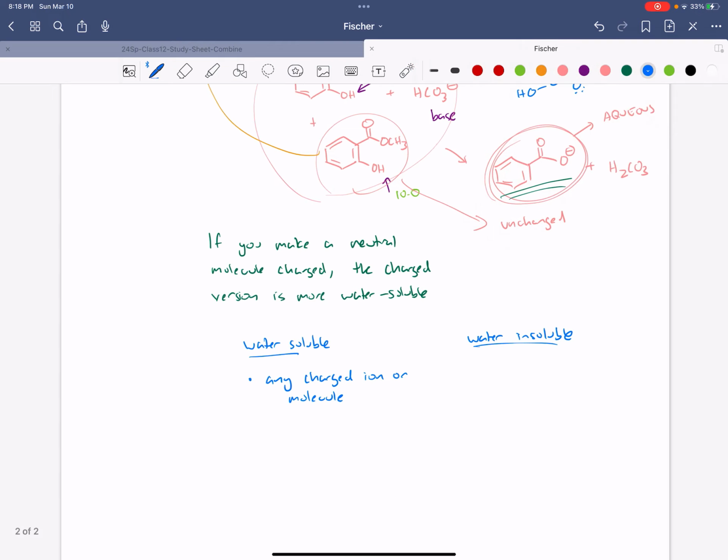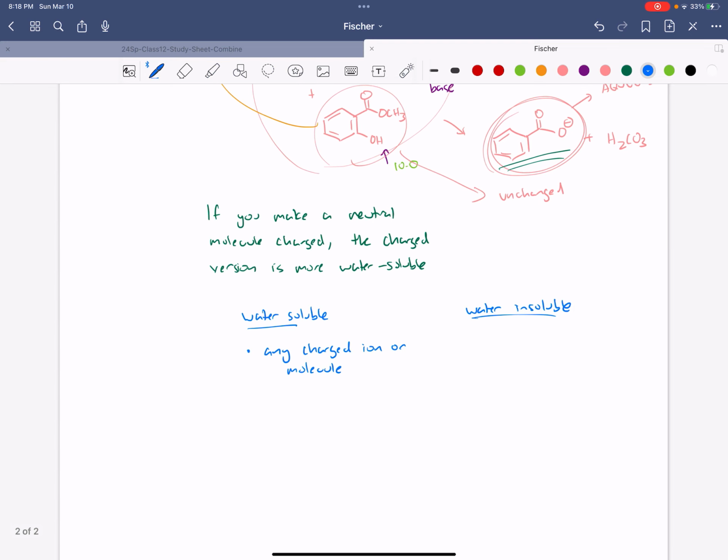But what else is water soluble? Molecules that have a lot of electronegative atoms compared to the number of carbon atoms. So they have lots of O, N, halogens like that, relative to the number of carbon atoms.